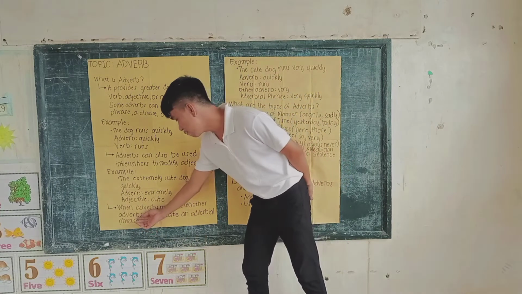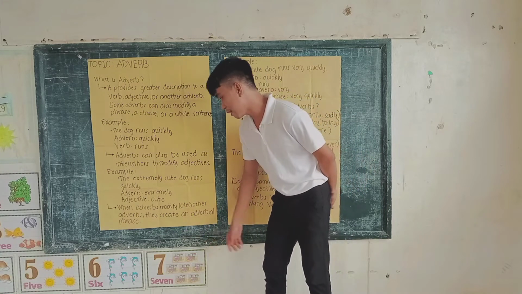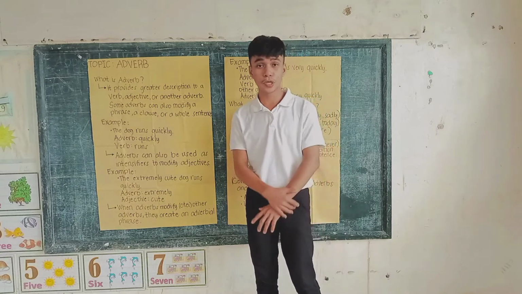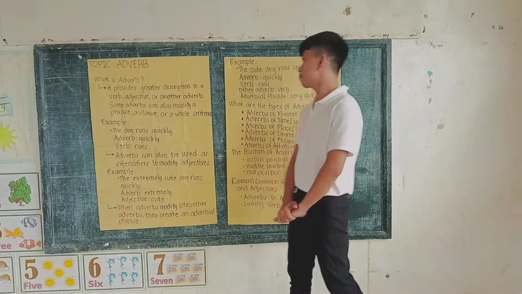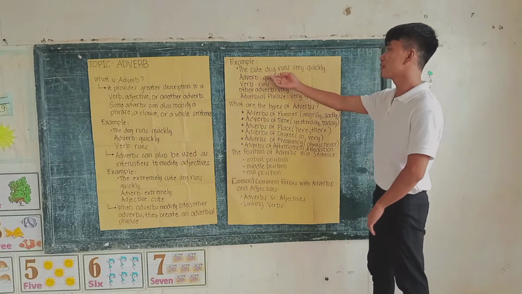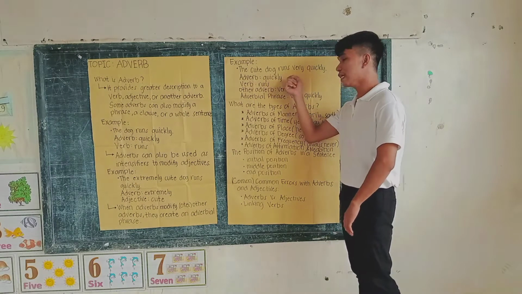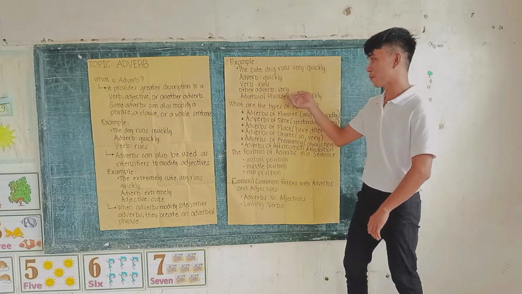Next, when adverbs modify other adverbs, they create an adverbial phrase. Or if two adverbs are joined in a sentence, they create an adverbial phrase. Like for example, the cute dog runs very quickly. So we have here the main adverb quickly, the verb runs, the other adverb very.